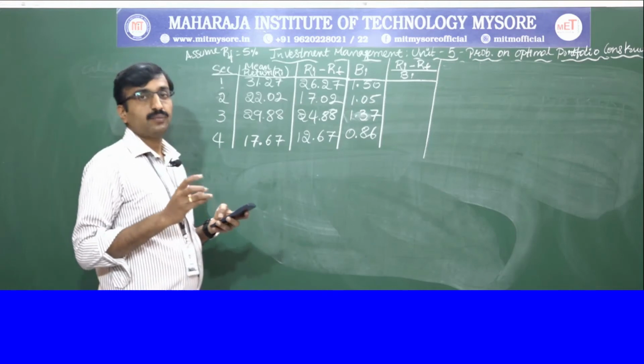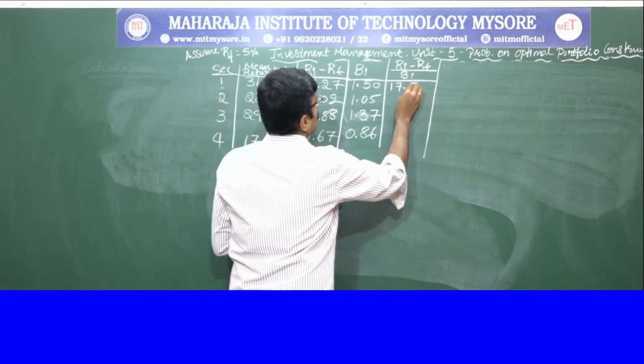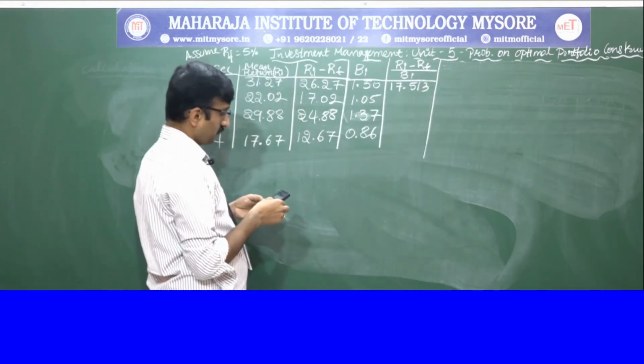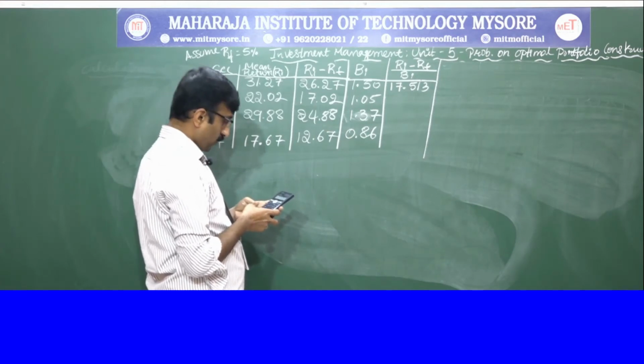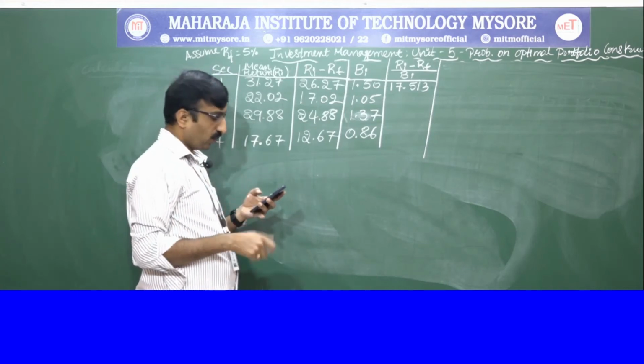You will get 17.513. Next, 17.02 divided by 1.05. If you do, you will get 16.210.